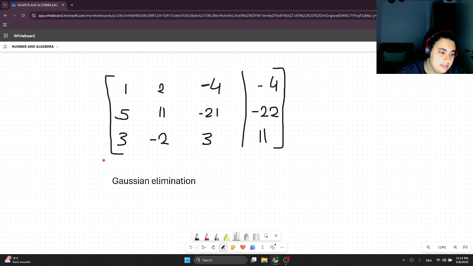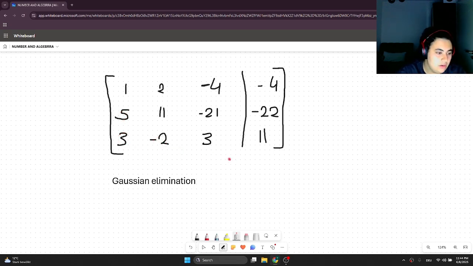Well, it basically says that you want to take your three values over here in this little corner, the triangle here. Let me actually draw the triangle. There we go. You take these three numbers over here and you want to turn them into zeros. So you want this 5 to be a 0, you want this 3 to be a 0, and you want this -2 to be a 0.